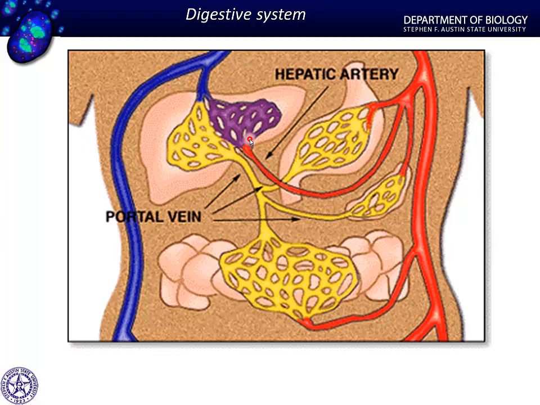The arterial blood is supplying oxygen. This blood is supplying nutrients and materials from the digestive tract that's going to be processed, metabolized, and stored in the liver. And as this oxygenated and deoxygenated blood mix together and this oxygen is used, it becomes venous blood that enters into the inferior vena cava.